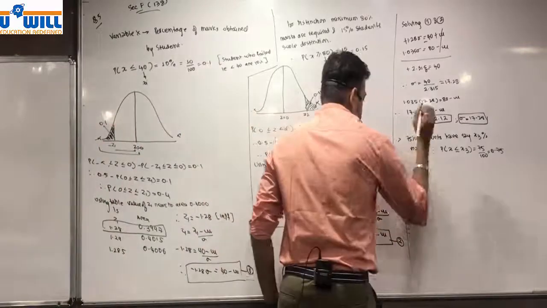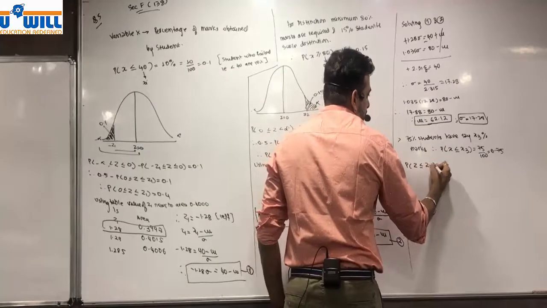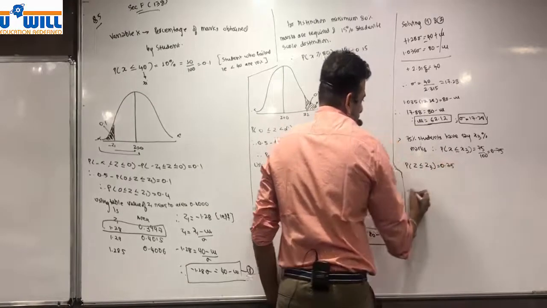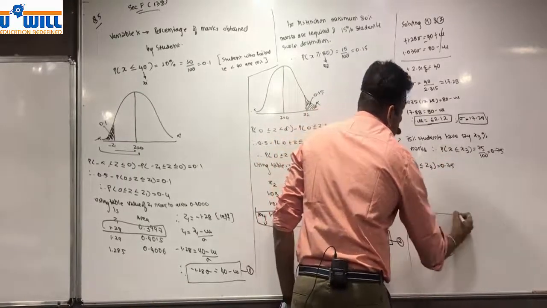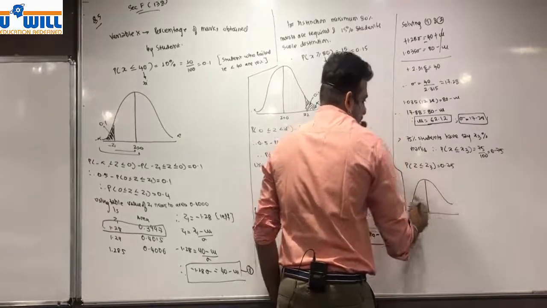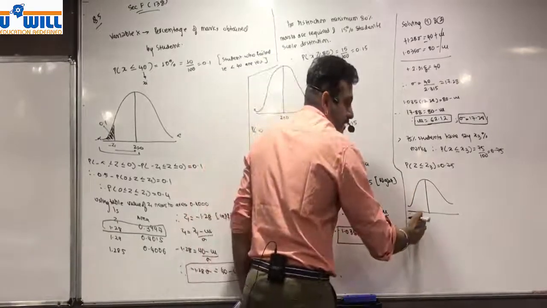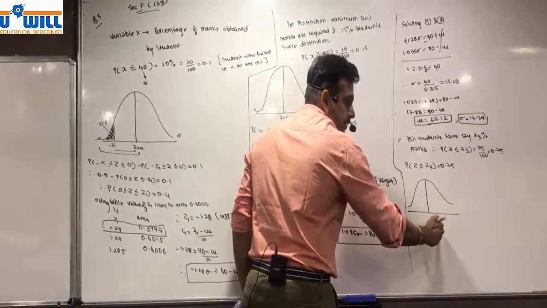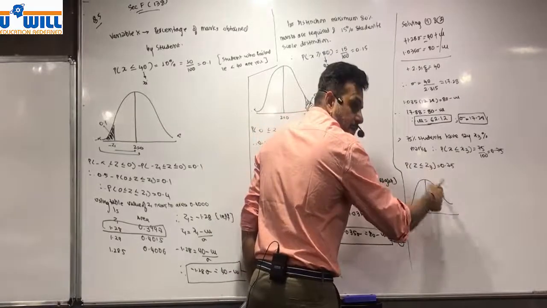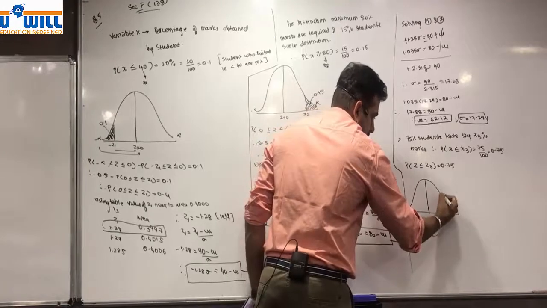Now, probability of z less than or equal to z3 is equal to 0.75. We draw the graph. 75% of the area is less than type. So where will we plot Z3? Left or right? Now Z3 is on the positive side because it is less than type, complete shading.